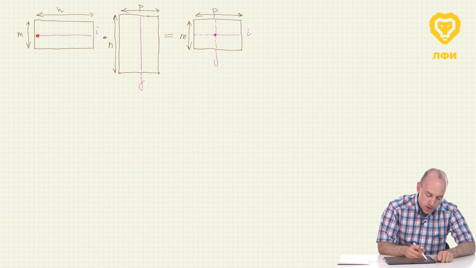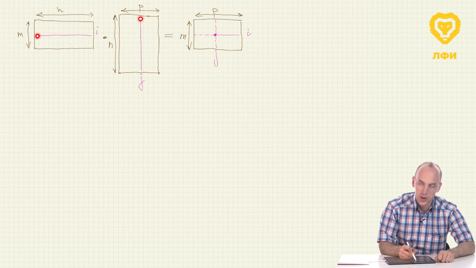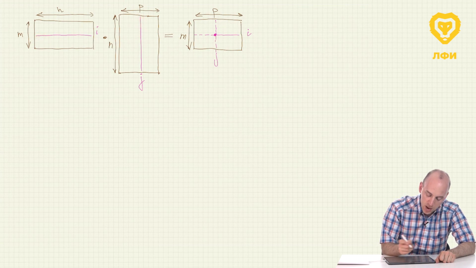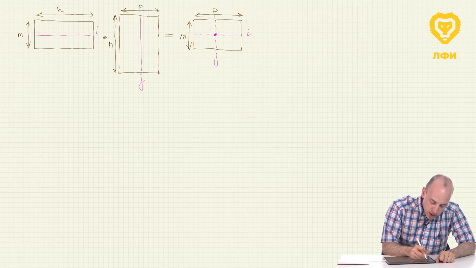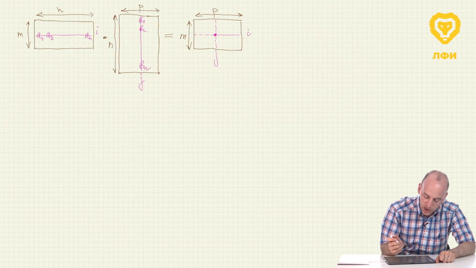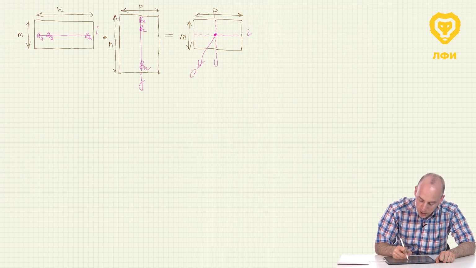Therefore, the thing we do is the following. We take the first element in the row and the first element in the column and multiply them by each other. After that, we take the second elements, and the second elements are multiplied by each other as well. And so we proceed, and then we take the corresponding sum. So if we denote the elements in the row as A1, A2, and up to An, and the elements in the column as B1, B2, and up to Bn, the element is equal to the sum A1 B1 plus A2 B2, and so on up to An Bn.